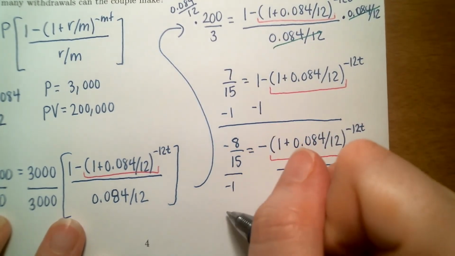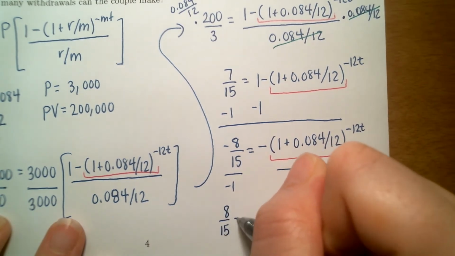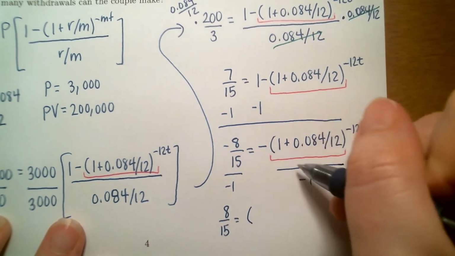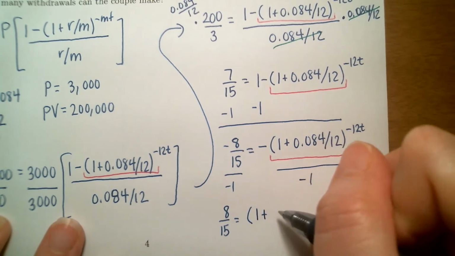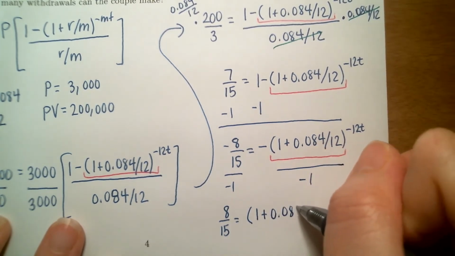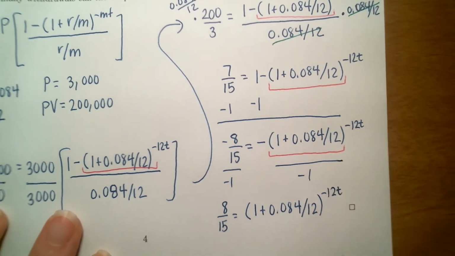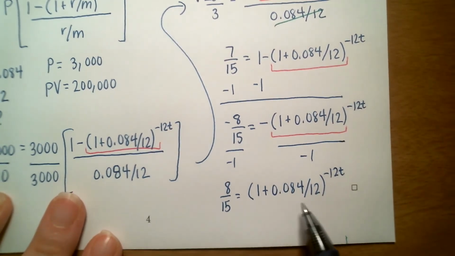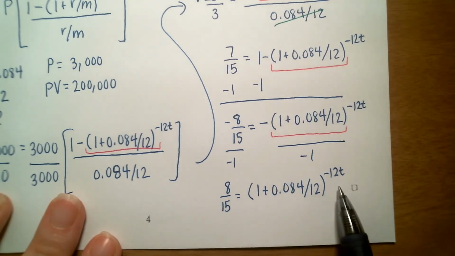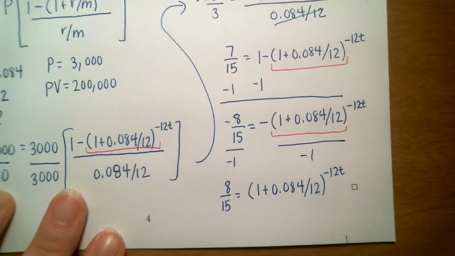So we'll get positive 8/15 is equal to, the negative divided by negative will cancel, and you'll get positive on the right side. So now this quantity, the thing in parentheses, is isolated. Remember, this is exponential. You're solving for t. T is trapped in the exponent.